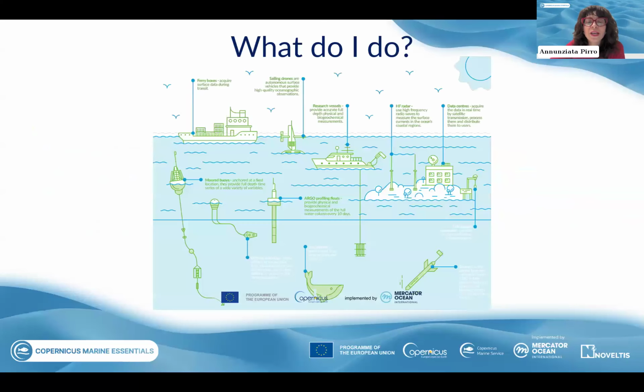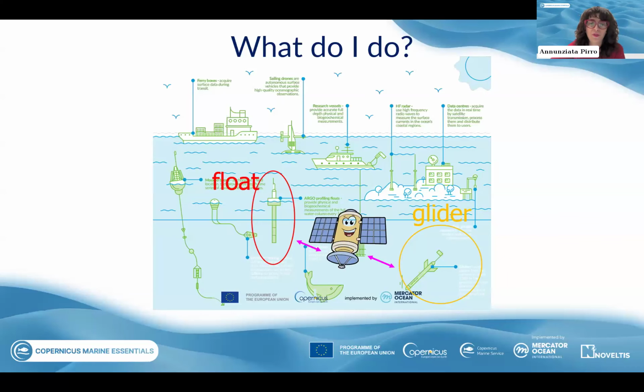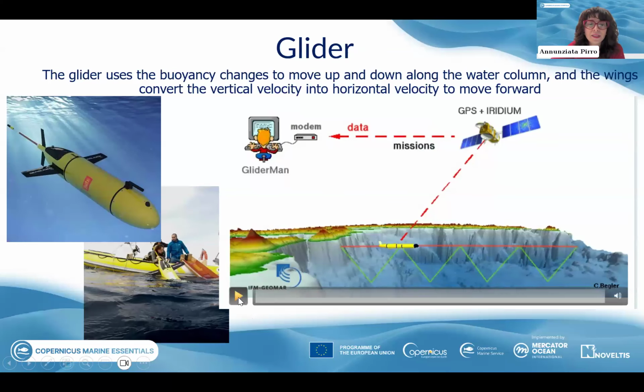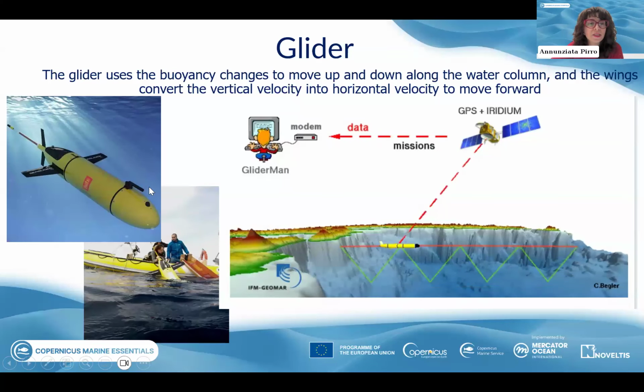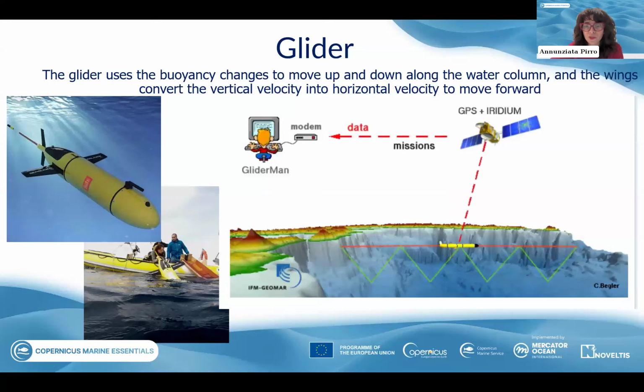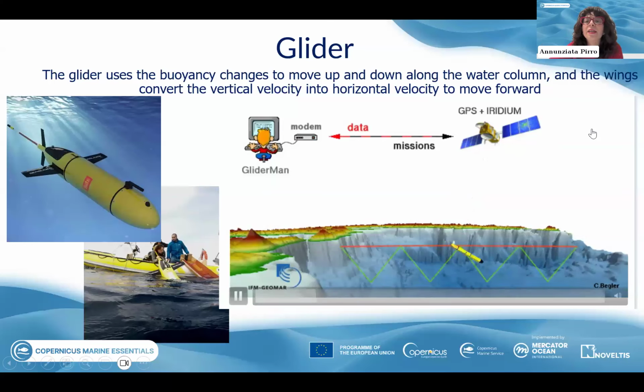What I do is study the ocean mainly with in situ data, and in particular with gliders and floats, and all these data are corroborated and supported by the Copernicus Marine Service data. For people that don't know, a glider is an autonomous system that you can see here on the left. The glider moves up and down in the water column, collecting physical and biochemical properties, and when it is at the surface, it transmits the data and takes commands.